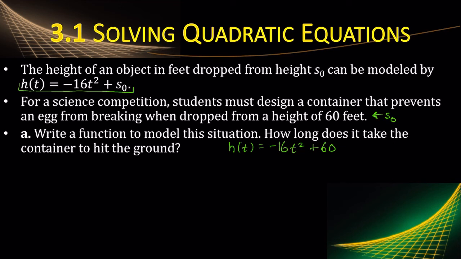And we're supposed to find out how long it takes to hit the ground. Well, the ground would be 0 height, so I could make this now equal 0 and solve for t. So subtract 60. I'm going to solve by taking square roots because the t squared is the only place where t shows up. Divide by the negative 16.